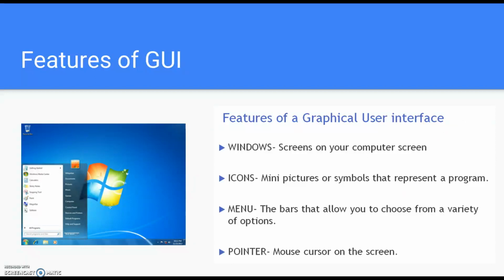I'll let you have a look at that before I move on. We went through, in the lesson, the start menu, the menu in general. Here's the pointer, you can see me moving around now, and there's the icons.